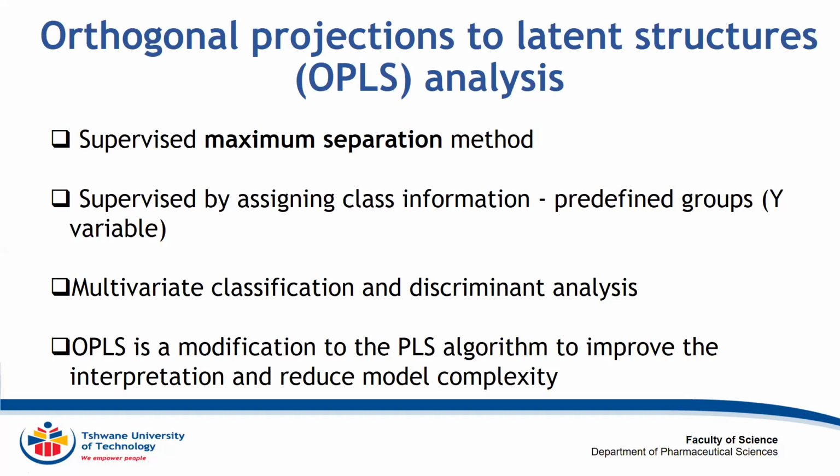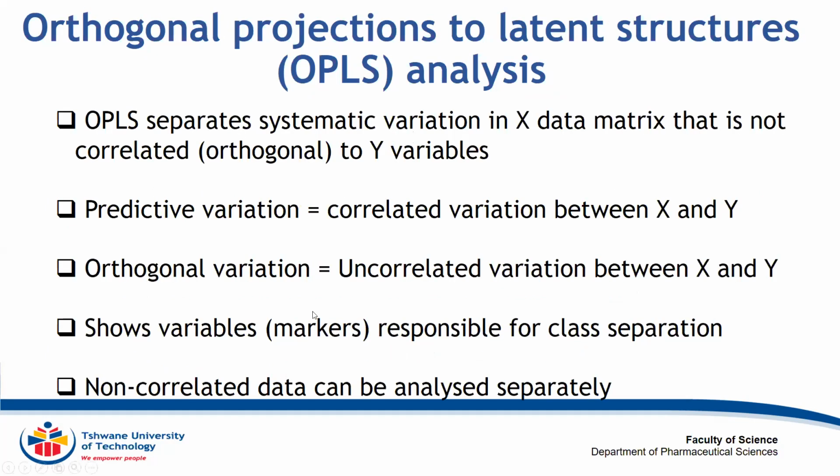PLS, as I mentioned previously, can also be used for classification, where it becomes PLS discriminant analysis, and the modification of this where they introduced the orthogonal component then resulted in what is called OPLS-DA. This modification was performed to improve the interpretation and reduce the model complexity. You will see this in the demonstration.